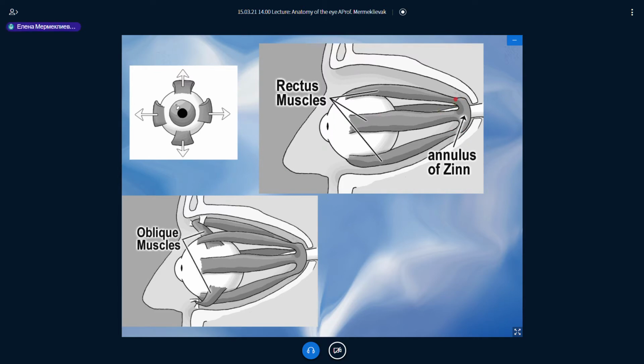Here is the annulus of Zinn that I have already told you about, and this is the direction of the muscles, and here they are attached to the bulbus. And here we can see the oblique muscles.